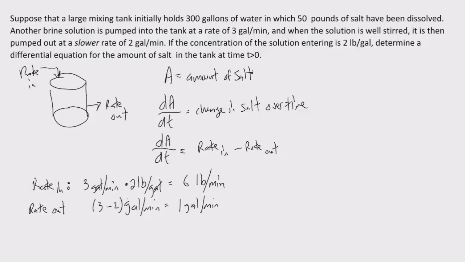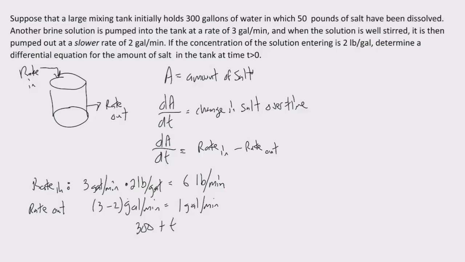And so if there's 300 gallons initially, then over time we're only adding 1 gallon per minute. So each minute we're just going to add t gallons to the mixture, and as time goes on, the volume in the tank is going to be 300 plus t.